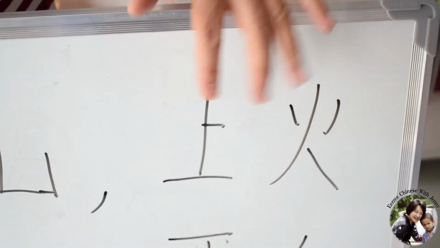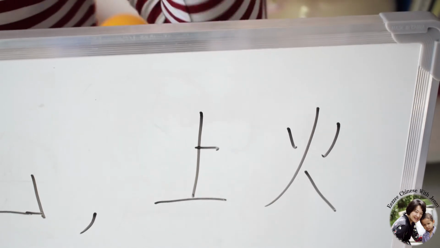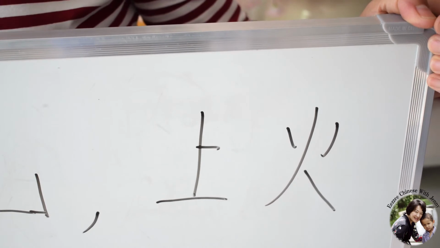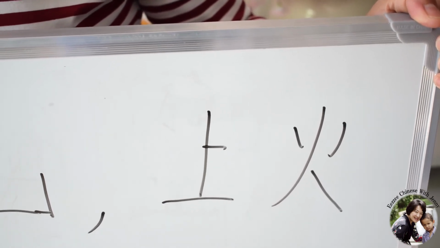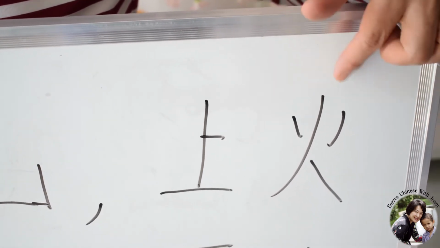Remember this? Fire. Put these two together, what does it mean? This is a very common phrase in China. If a person has a temperature, the Chinese doctor always says that you 上火. The Chinese doctor believes that a person is made up of five elements: gold, fire, wood, earth, and water.